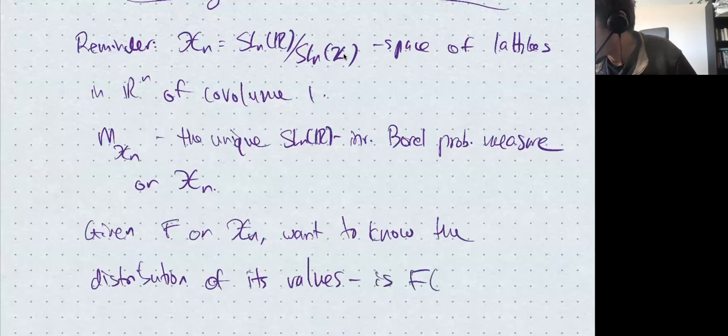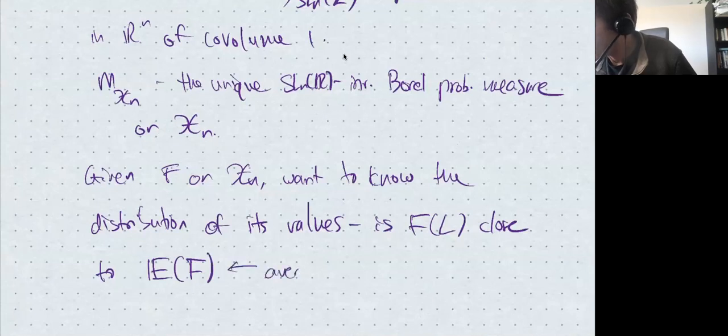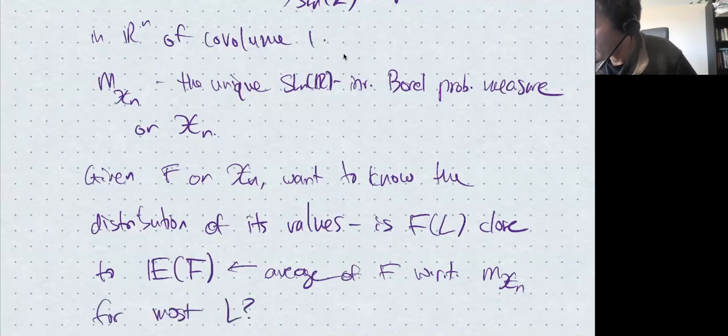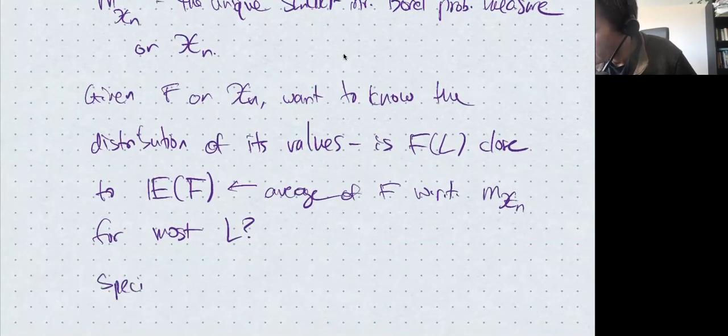Is f of L close to the average of f with respect to this probability measure, for most L? So that's the question we want to know.